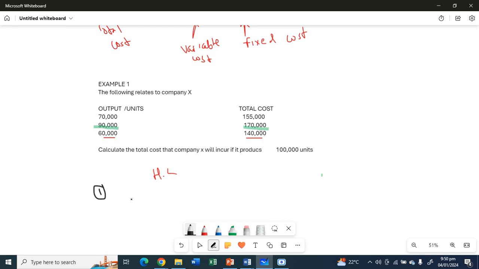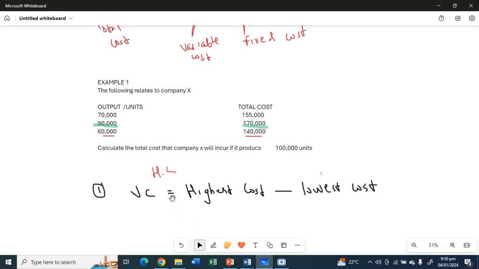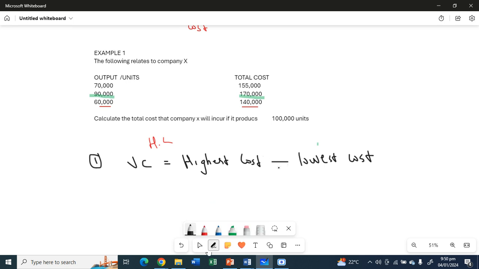In order to get our variable cost, we say variable cost equals the highest cost minus the lowest cost, divided by the highest output minus the lowest output.